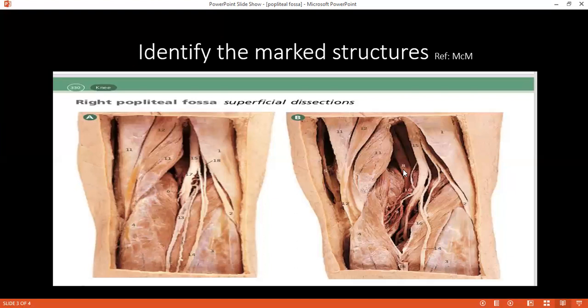This is the popliteal artery. Very good. If you can identify 7. Where is 7? Yes, I can't find it. Okay, forget it.